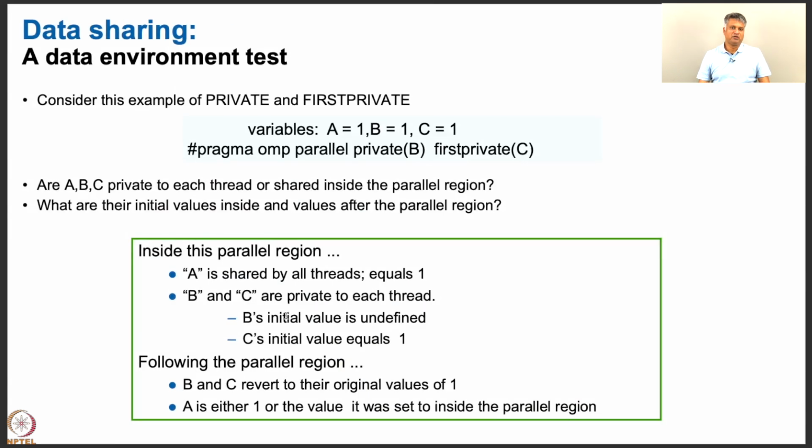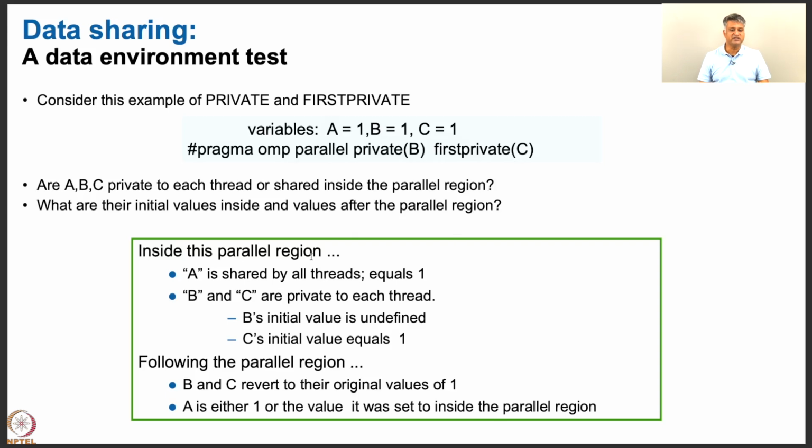So, for example, I can now say that we have different variables, some of them are private, some of them are firstprivate. So, what does essentially happen over here? If I say there are three variables, a is equal to 1, b is equal to 1 and c is equal to 1, and I have this sort of a parallel declaration where I say b is private, c is firstprivate, and I make no mention of a.